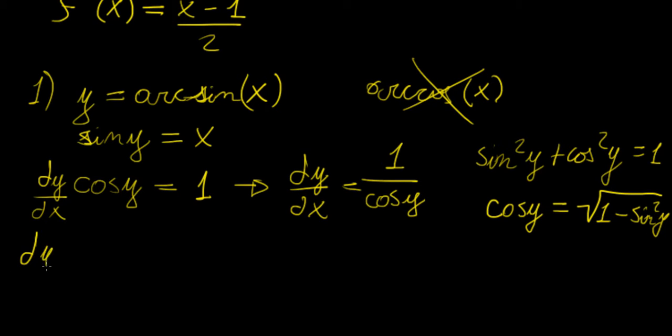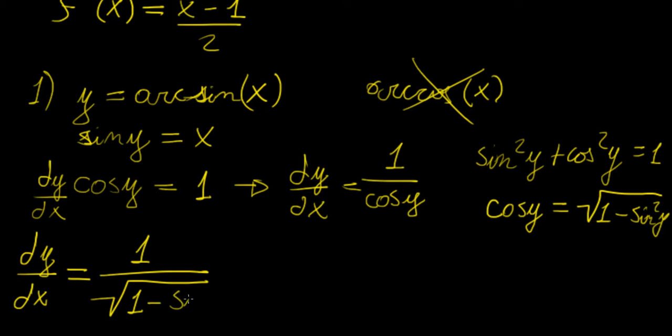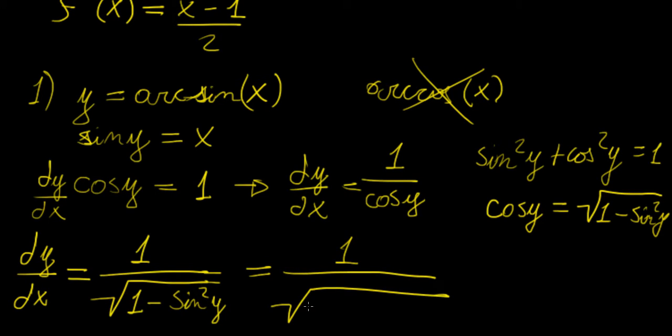So we can rewrite this as dy/dx equals 1 over the square root of 1 minus sine squared y. Now what happens if we put this expression in for y here? That's going to be the square root of 1 minus sine of arc sine of x, and the whole thing is going to be squared.